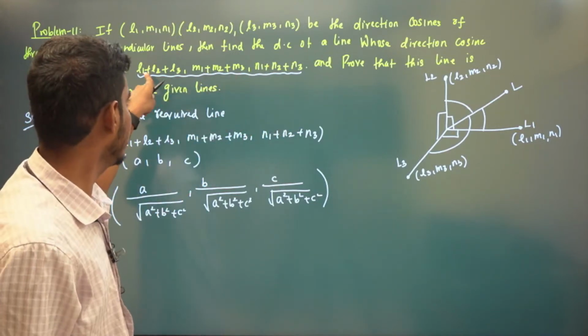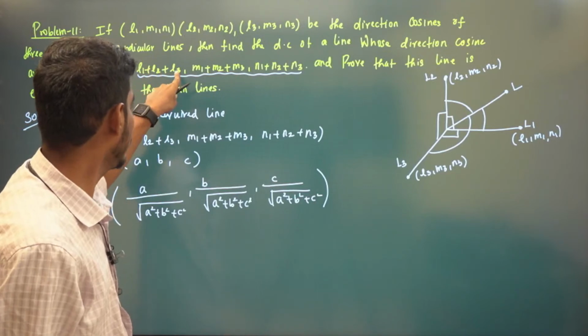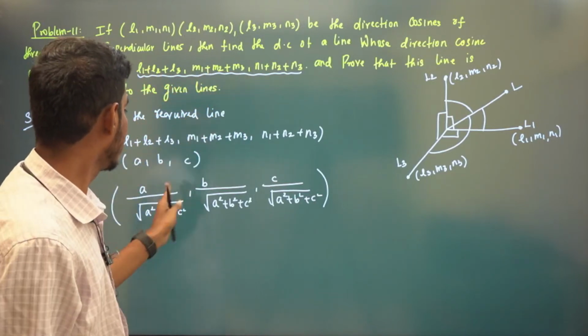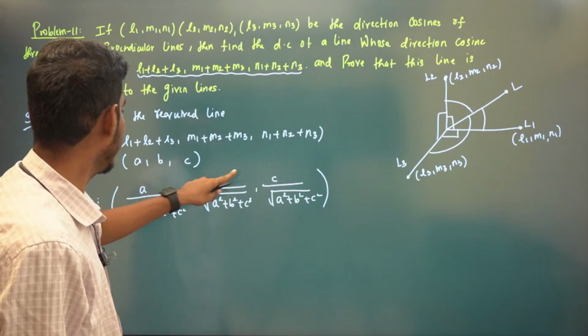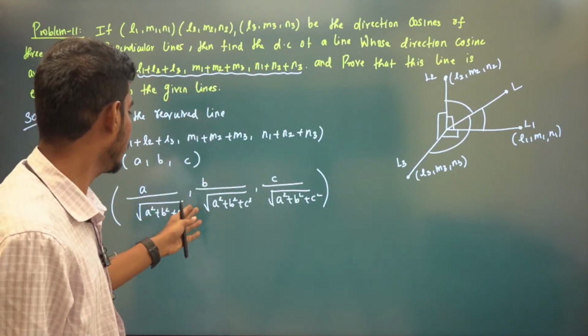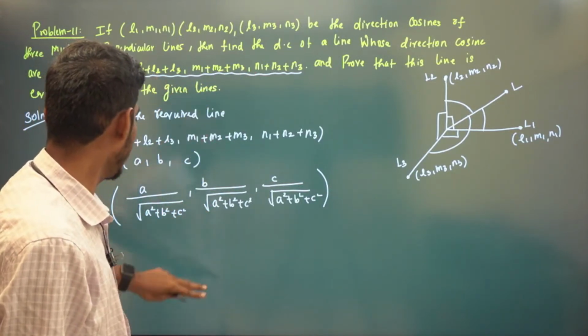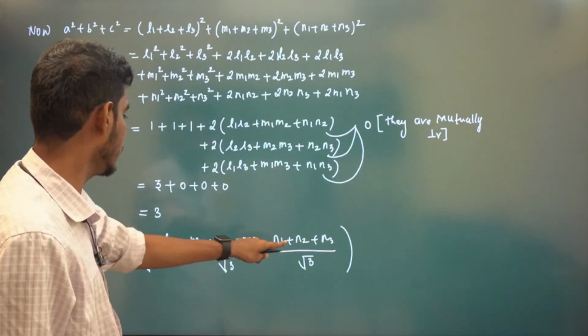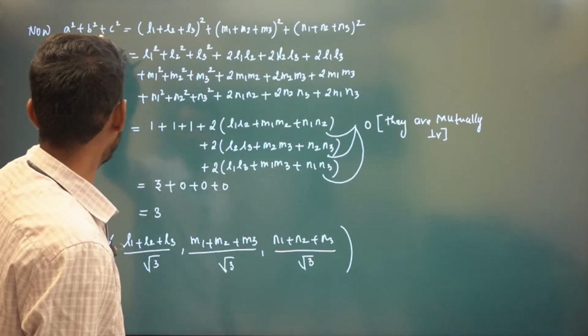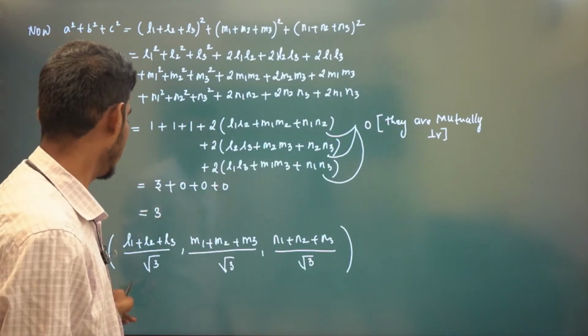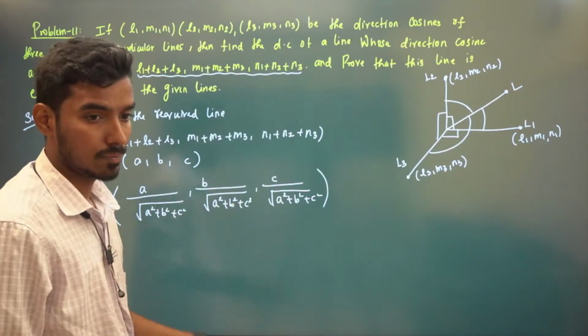Instead of ABC, we have a to be L1 plus L2 plus L3, B to be this, C to be this. This is a general formula. Substitute back here. Now root of A square plus B square plus C square turns out to be 3. So we have root 3, root 3, root 3.